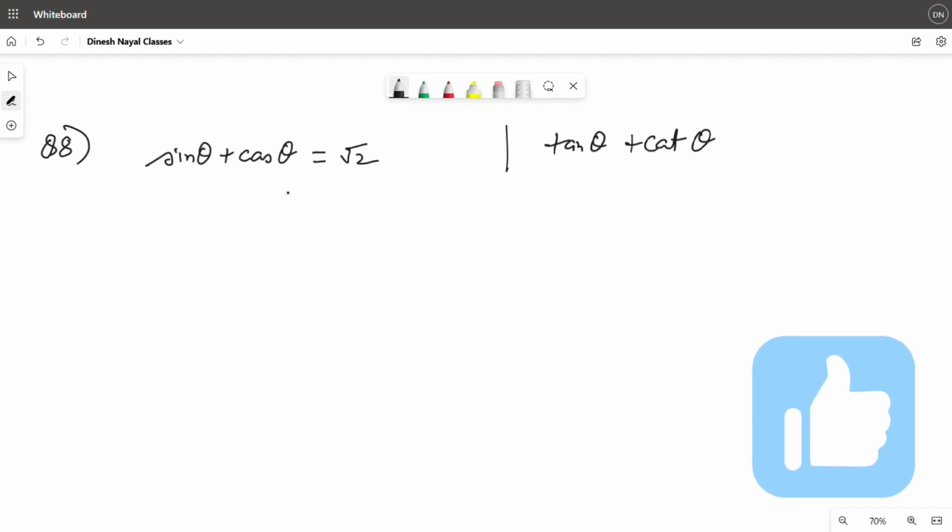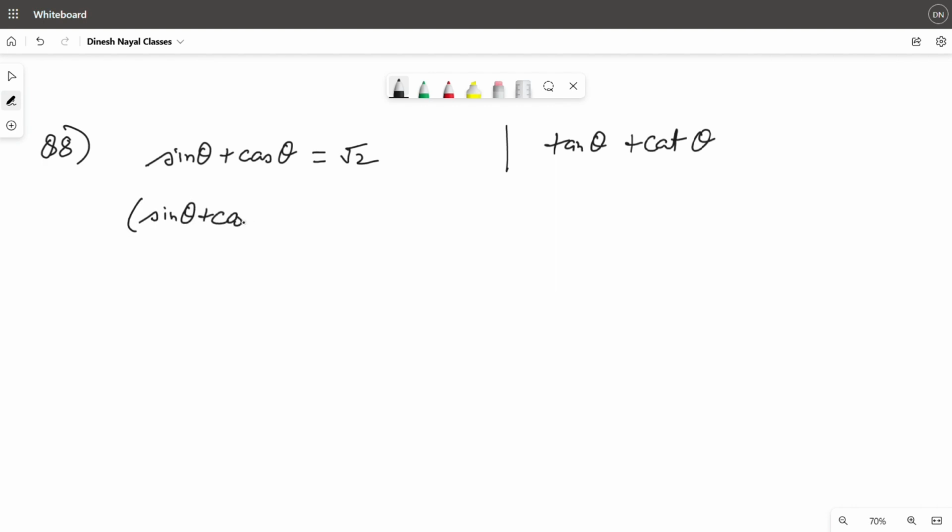Now see, starting from this, our first step is squaring. We will square both sides of the equation. So this will be (sin theta plus cos theta) whole square equals root 2 whole square.